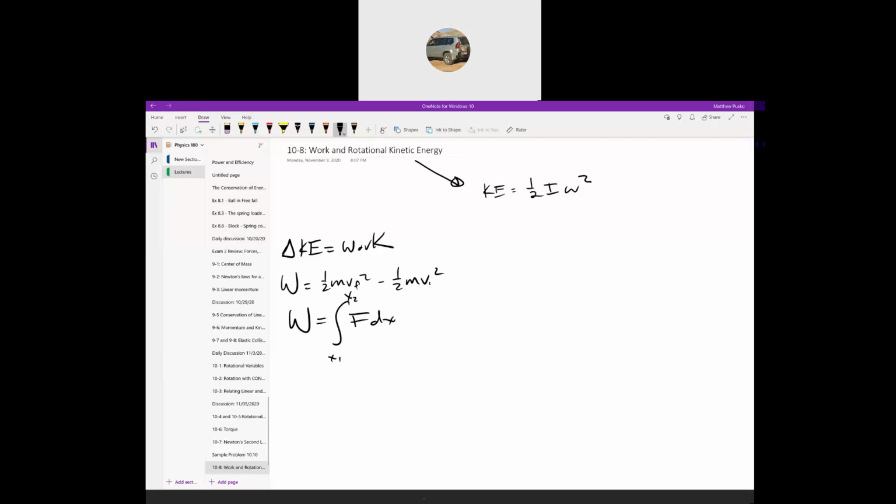We also had one more definition. It said that the power is equal to either the time derivative of the work or the force times the speed, once again in one dimension.